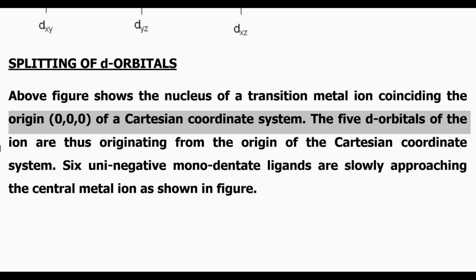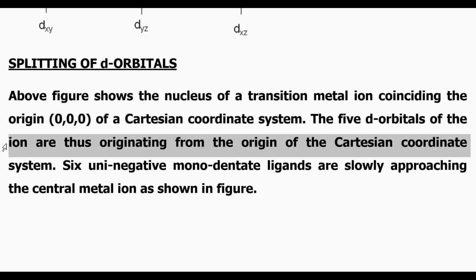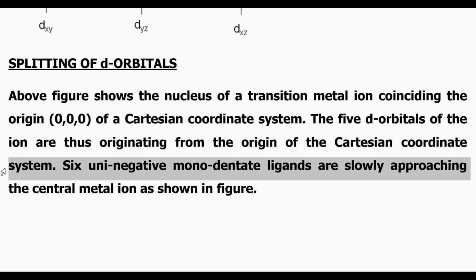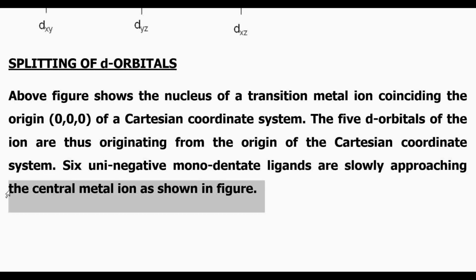The 5d orbitals of this ion are thus originating from the origin. And now you will have 6 uninegative, meaning minus 1, monodentate ligands which are slowly approaching the central metal ion as shown in the figure.